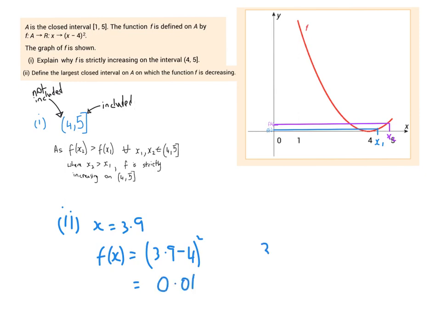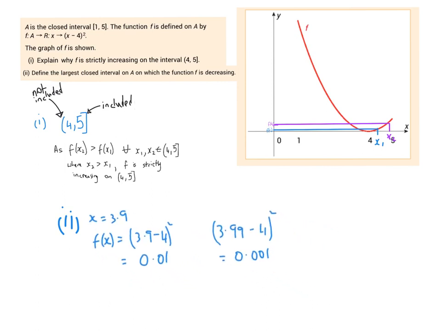And if we went to 3.99 minus 4, all squared, we would have 0.01 squared, which is 0.0001. So we're getting closer and closer to 0, but we're still going downwards. We're still decreasing there, okay? All the time, because obviously this number is much smaller than this number.